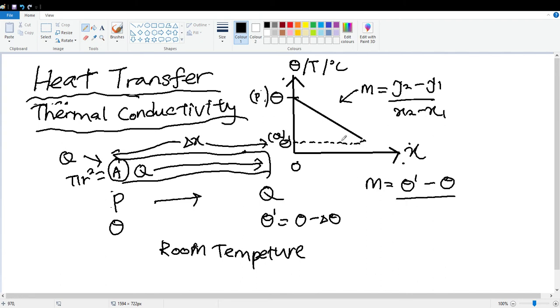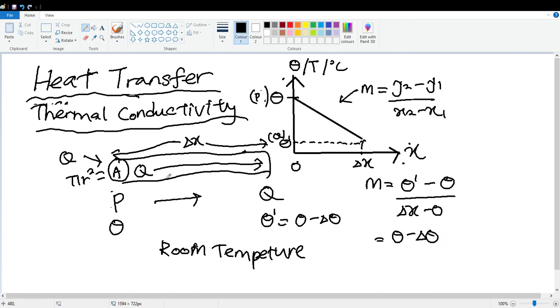My x2 is delta x minus the initial distance, which is 0. So theta prime equals theta minus change in theta.